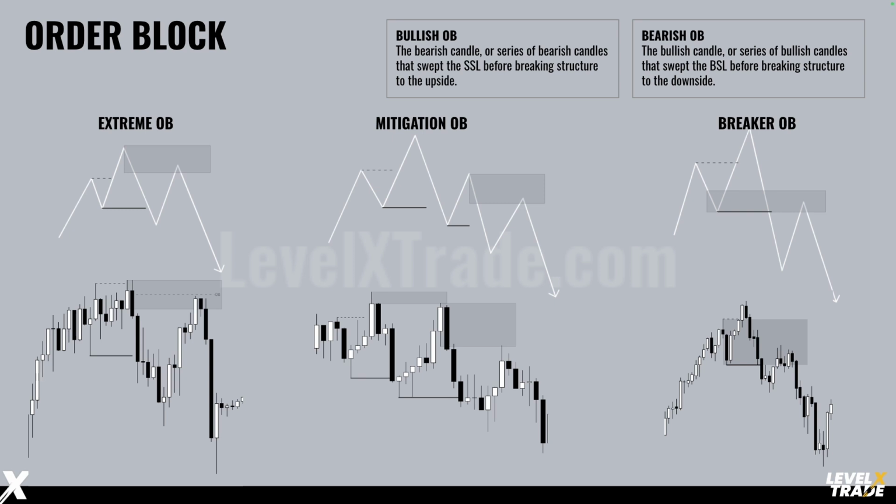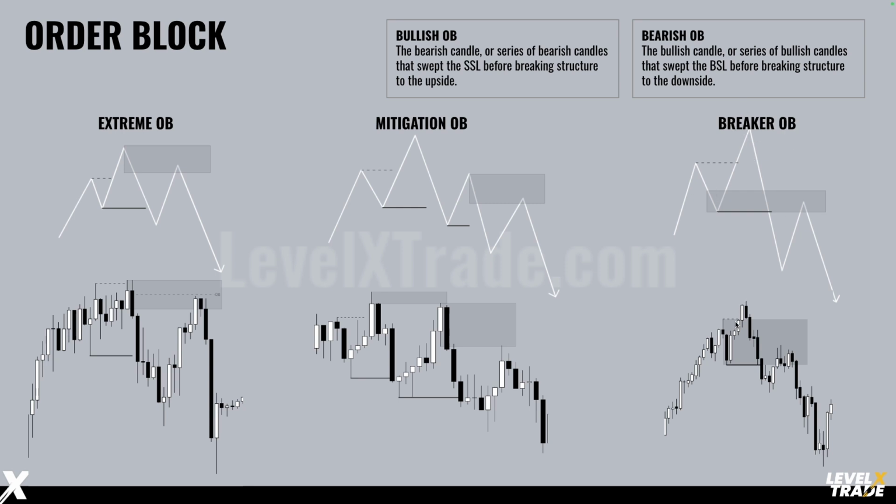Once you spot it, you'll see that it's most likely going to hold. And there's another term that you might have heard somebody say on the internet. It's called the unicorn model, and basically the unicorn model is a breaker block that also has a fair value gap in it.